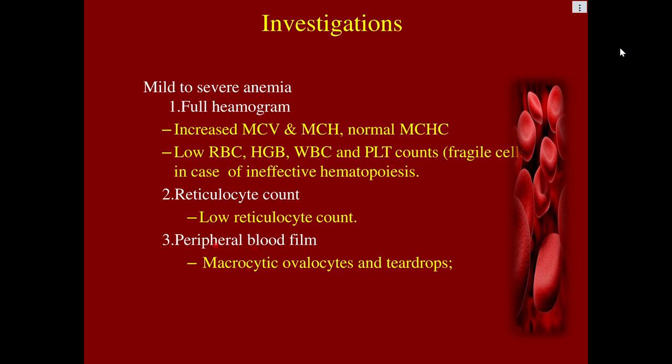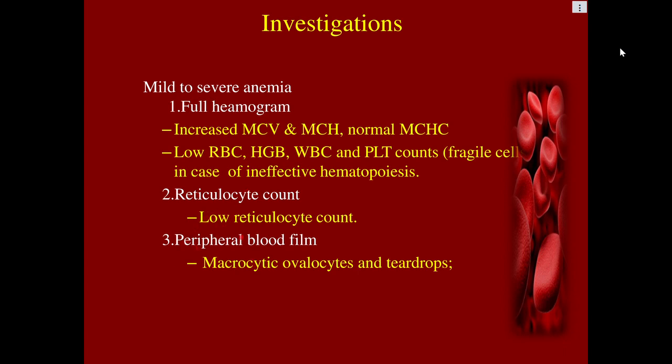Number two, you do your reticulocyte count. You have a low reticulocyte count. The reason why you have a low reticulocyte count is that you need vitamin B12 for the synthesis.